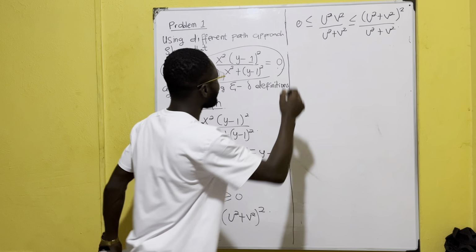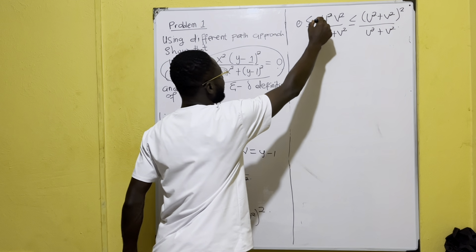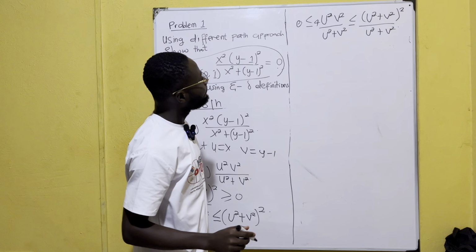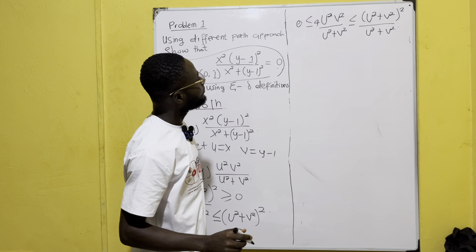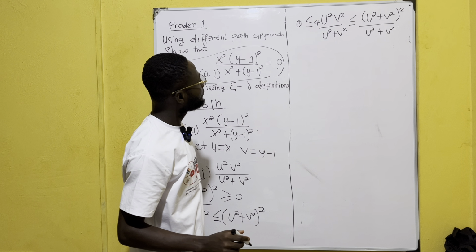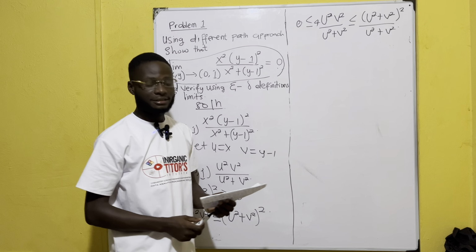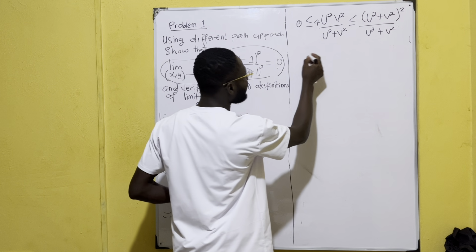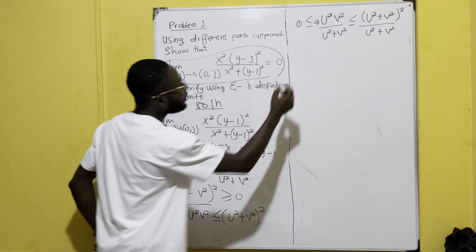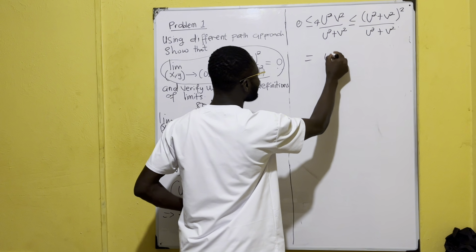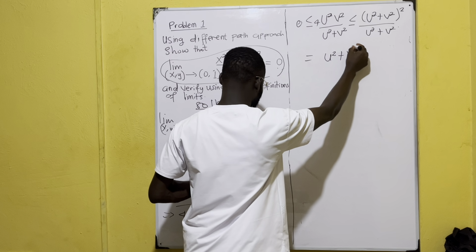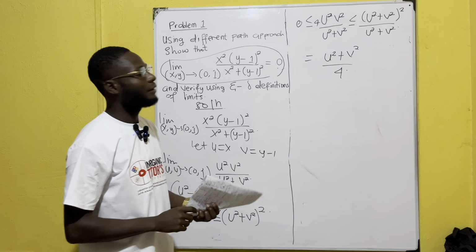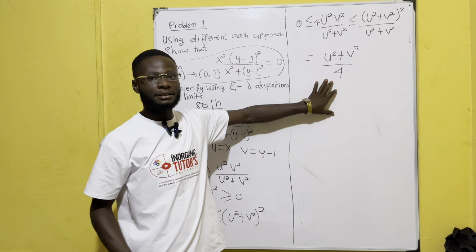Right, so basically there is a 4 here. So when you do this, this is equal to u squared plus v squared divided by 4. Right, so this is the identity.